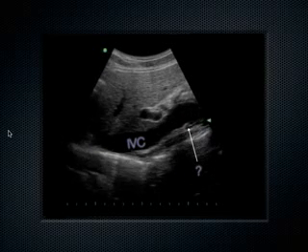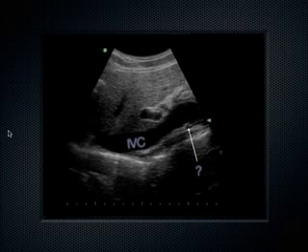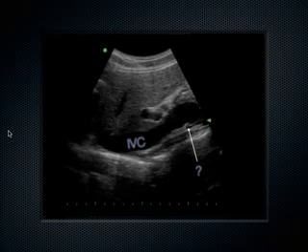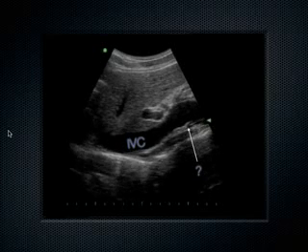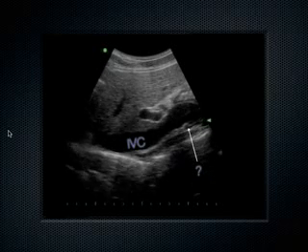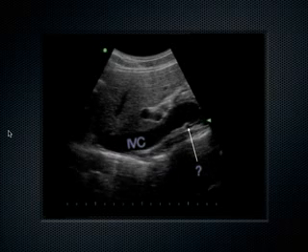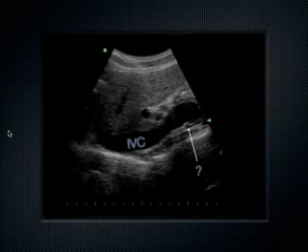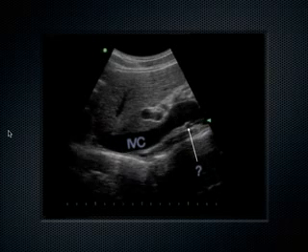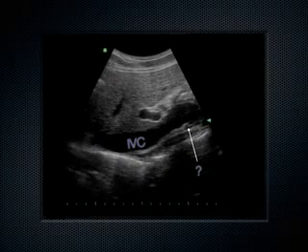Another reason why I like the transverse view better, because I can see at the same time on the transverse view, both IVC and aorta together. Sagittal, you only get to see one or the other. So it's very possible to mistake the IVC for the aorta and say it's normal. Another good reason to go transverse. But anyways, this is the IVC, because I see the liver everywhere.